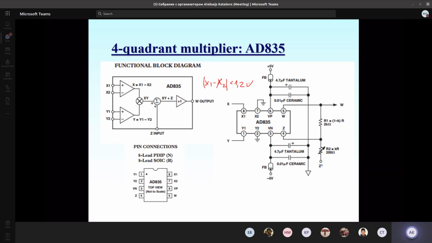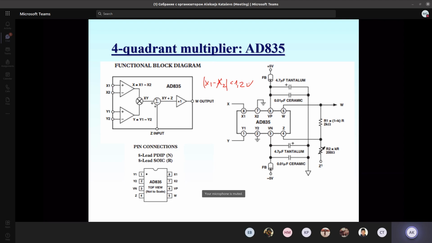If it is fed with 5 volts, these differences are measured with respect to V0 equal to 2.5 volts, and then we have only approximately 1 volt up and 1 volt down before the saturation of the circuitry, and then they could be multiplied.